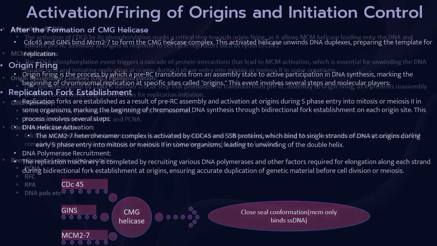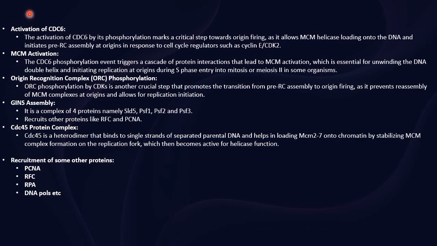So these are some auxiliary mechanisms or processes which help the formation of CMG helicase. First one is CDC6 activation. The activation of CDC6 by phosphorylation marks a critical step towards origin firing, as it allows MCM helicase loading onto the DNA, which is caused by the cyclin E-CDK2 pair.